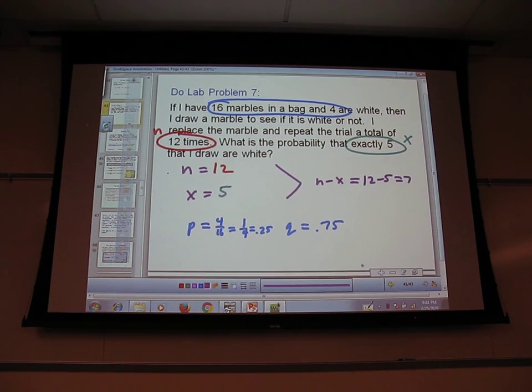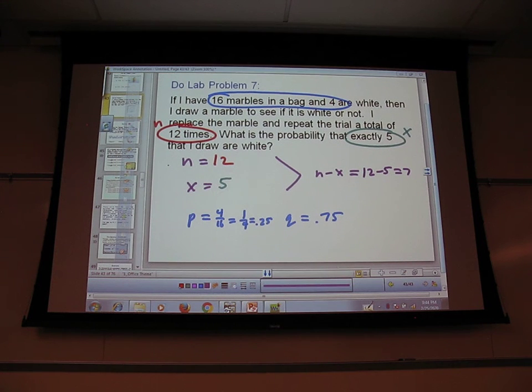So then you end up with, for your formula, 12 choose 5 times my p, 0.25 to the x, which is 5, times my q, which is 0.75, raised to the n minus x, 7.